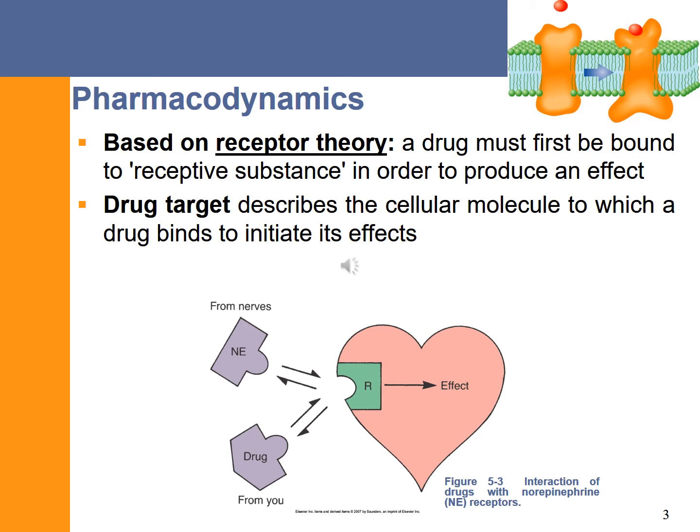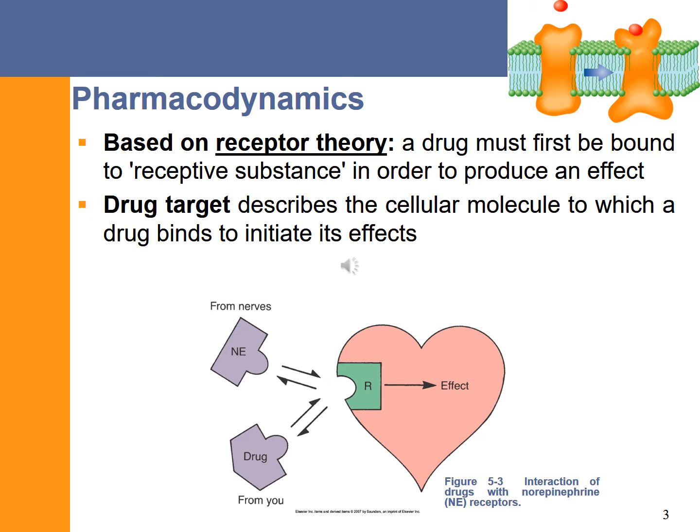That receptive substance, most of the time a receptor, is located on the membrane of a cell, and that describes a drug target. That's the cellular molecule to which a drug binds to initiate its effect. And again, most of the time that target is going to be a receptor.